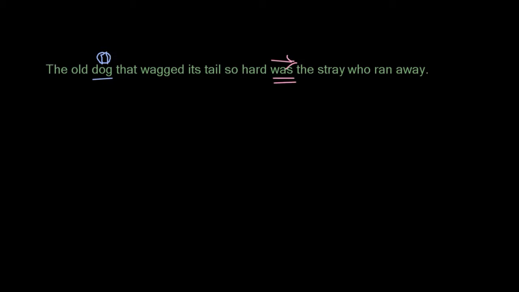Our first relative clause, that wagged its tail so hard, the verb is wagged. Who or what wagged? That wagged. So that is our subject in the first relative clause. In our second relative clause, the verb is ran, an intransitive verb because there is no direct object. And the subject was who.